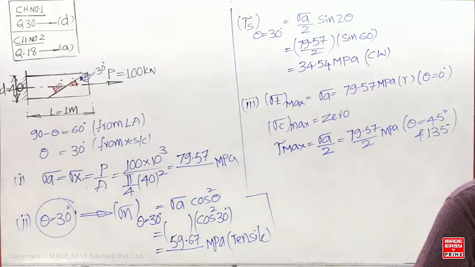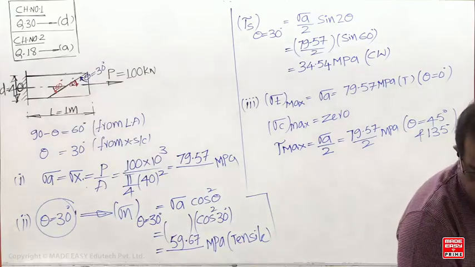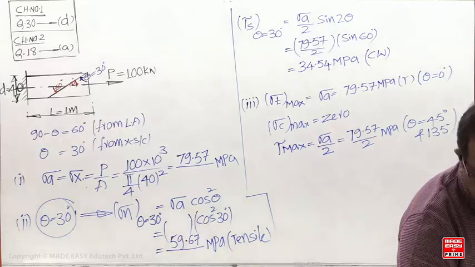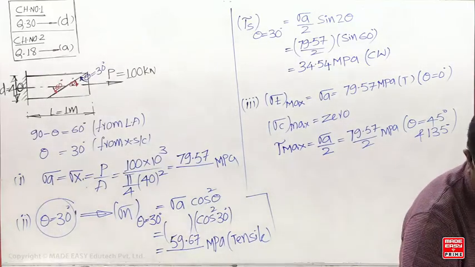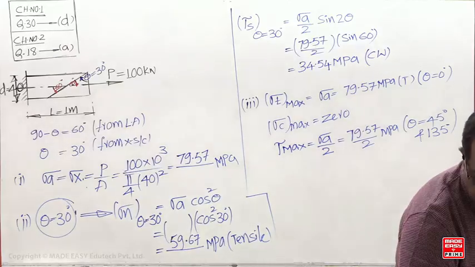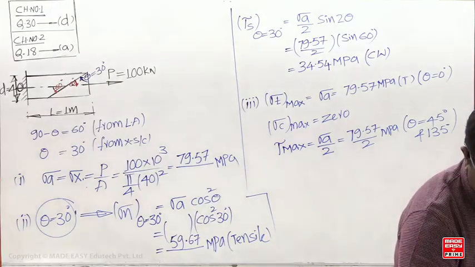Who is it? 19.89 is given by Mr. Minal only, an incorrect answer. Only one friend has got the incorrect value.